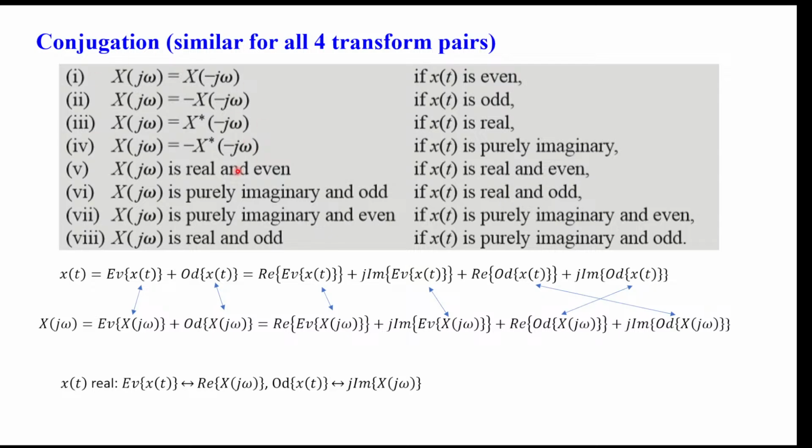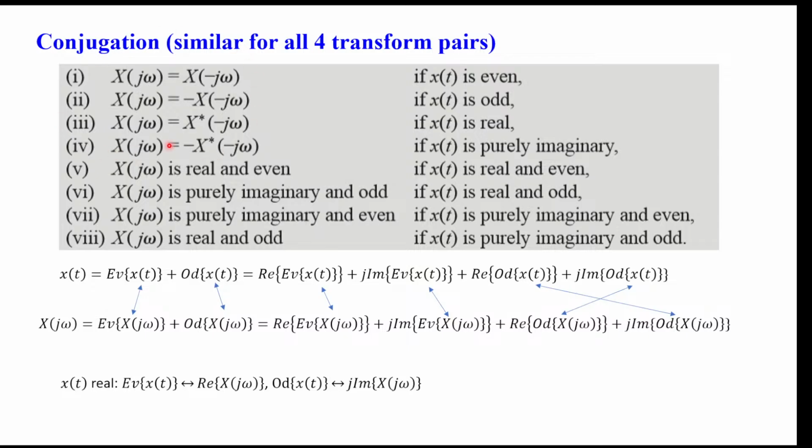This table was from the continuous time Fourier transform. Anyway, x of t real will mean X of j omega equals X star of minus j omega. So you take the conjugation in the time domain, and you get the same signal, so you get the same big X. And if you are purely imaginary, then you will get minus X star of minus j omega.